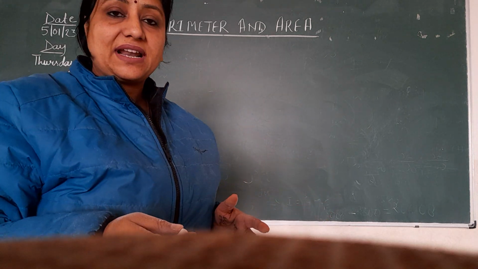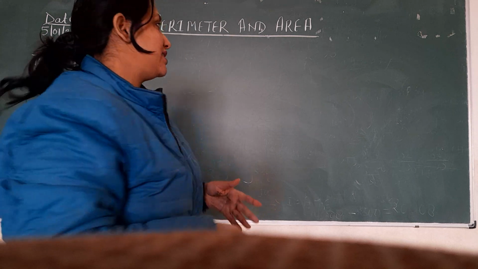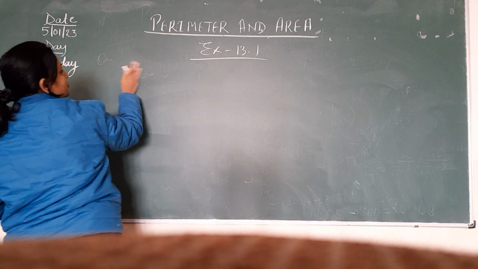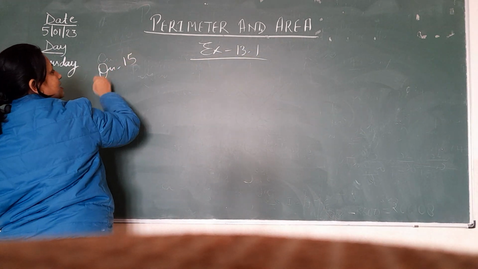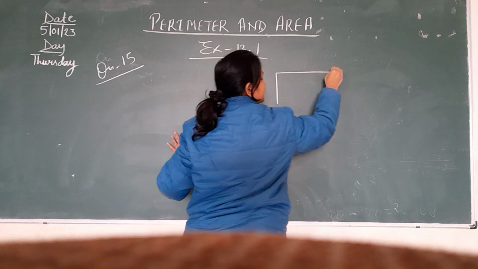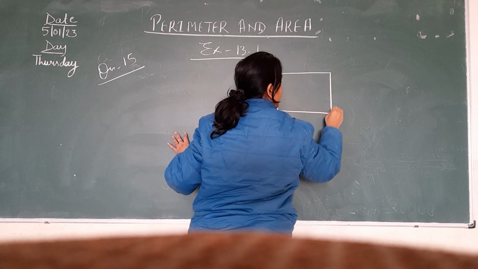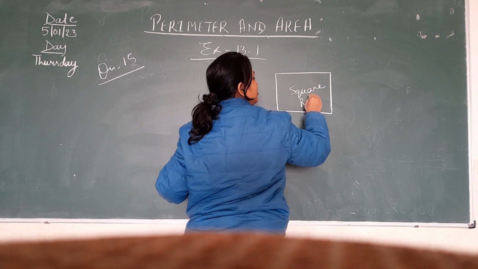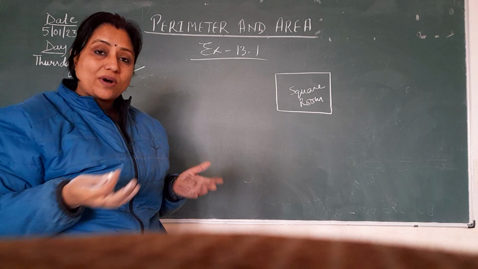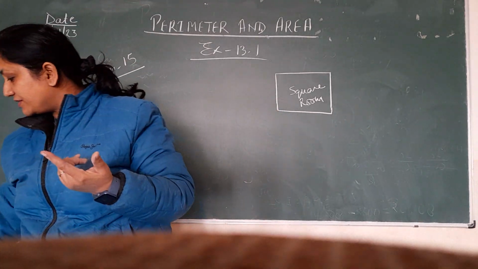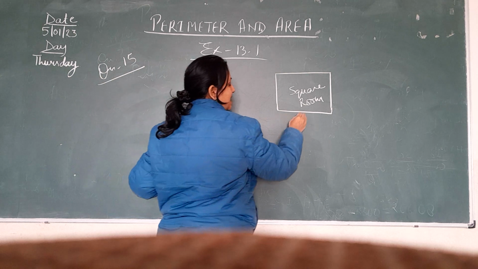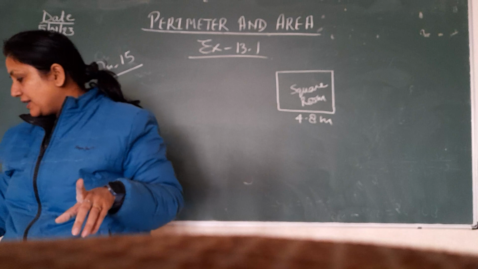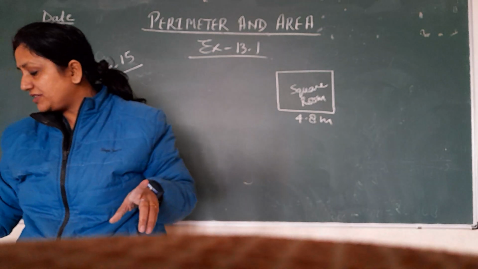Suppose one room is there and the shape of this room is a square, so only one side is given, which is 4.8 meter. And the question is, the floor is to be covered with square tiles.